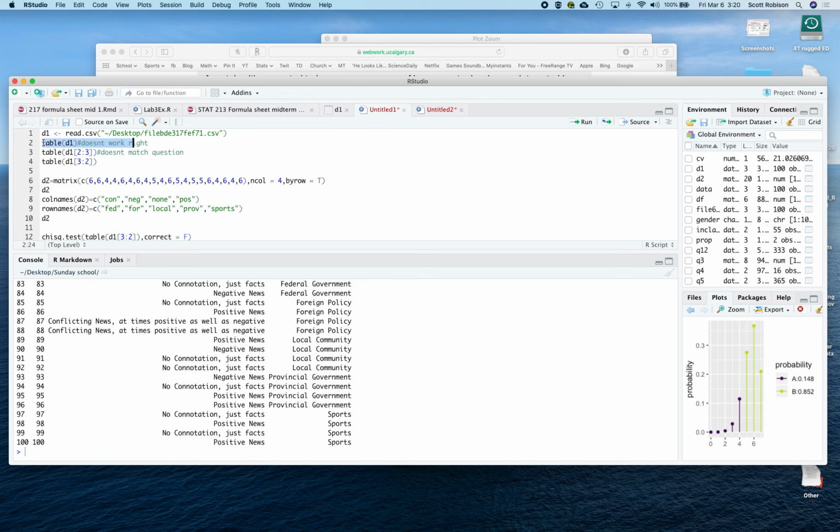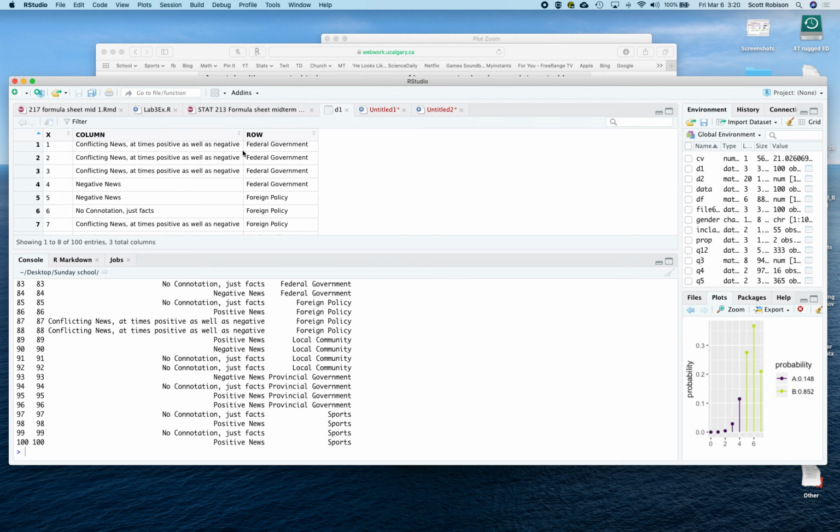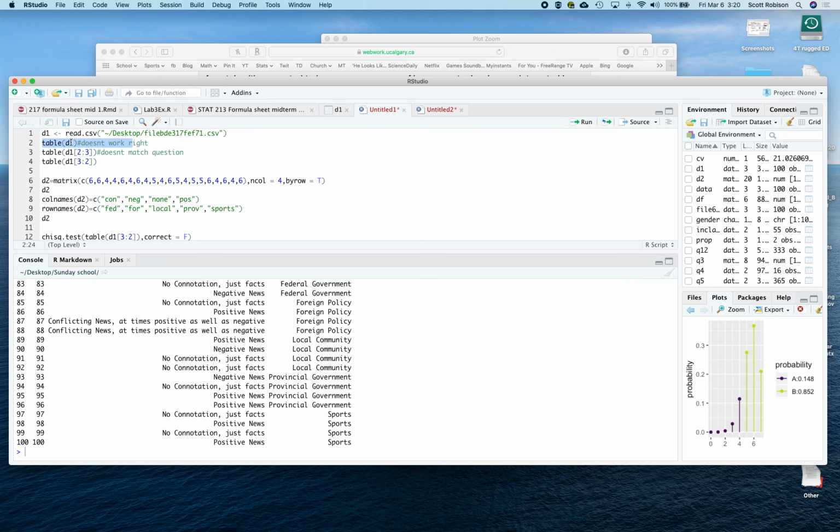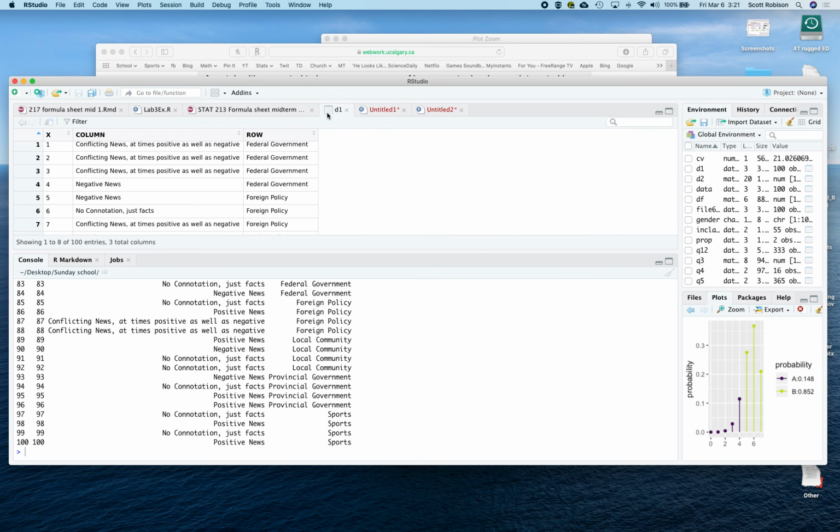If I just try to put a table of the file, the reason that it's not going to work is because I actually have three columns here, 1, 2, and 3. If I only had two columns, just saying table of the data would probably work pretty nicely. So instead of doing table of the whole file, I'm going to use table of columns 2 and 3.